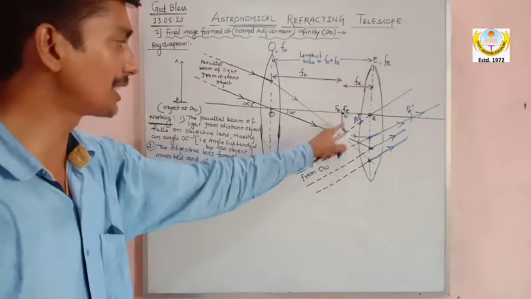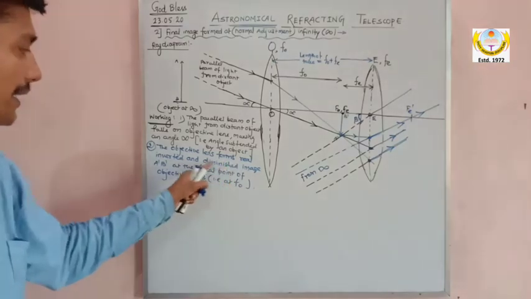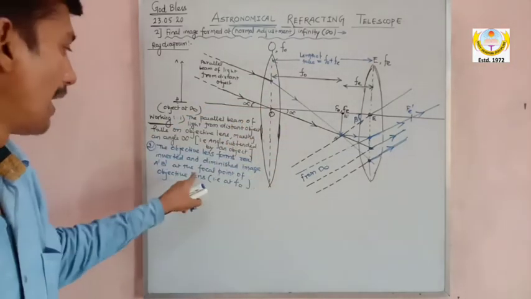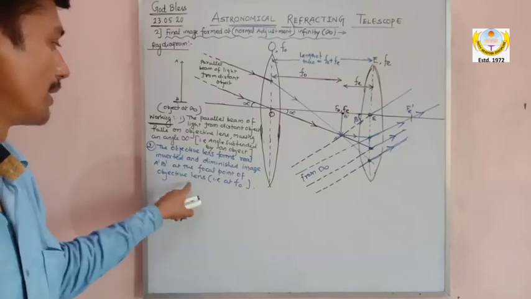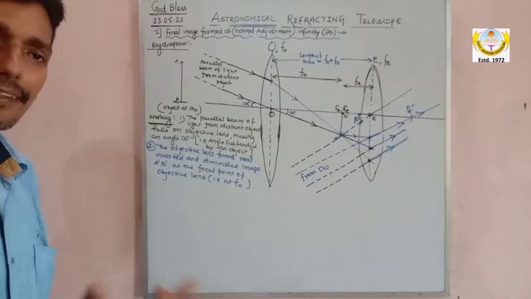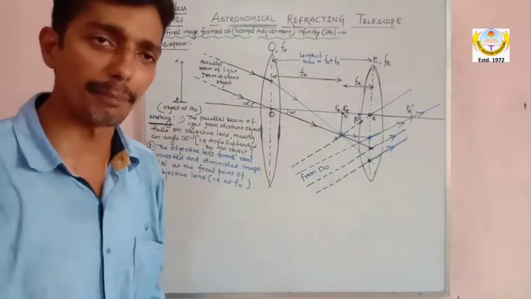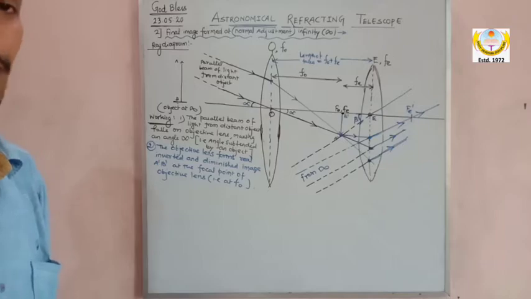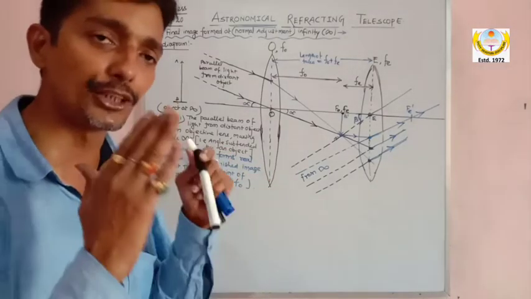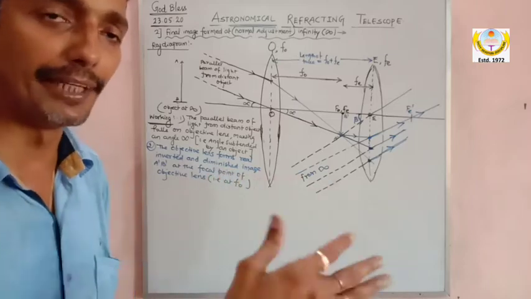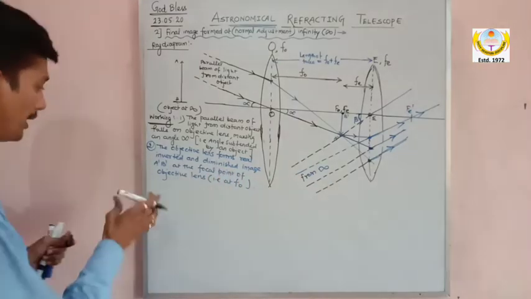Yes, this A dash B dash is the real, inverted, diminished image formed by the objective lens, at the focal point of the objective lens, that is at FO. Same point. Earlier also this was happening. Now point number 3 is the change, my dear, from previous to now, from LDDV to infinity. And what is that point number 3?